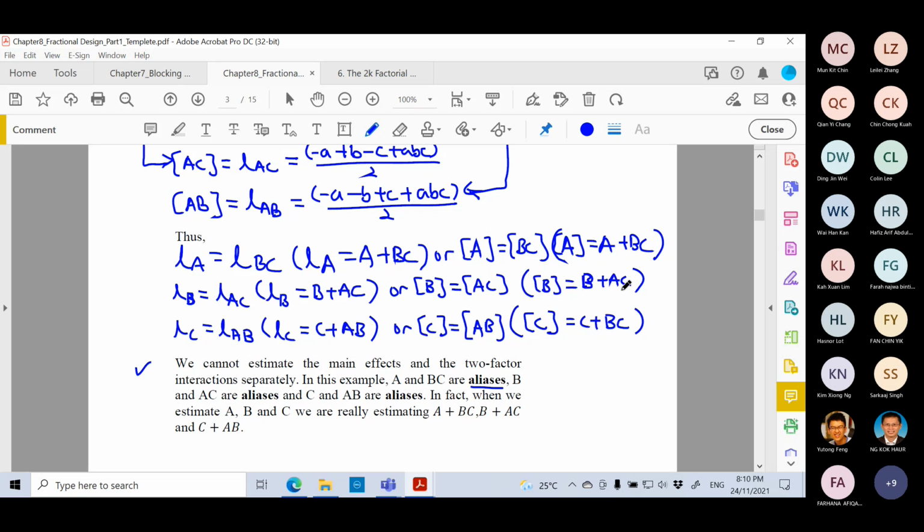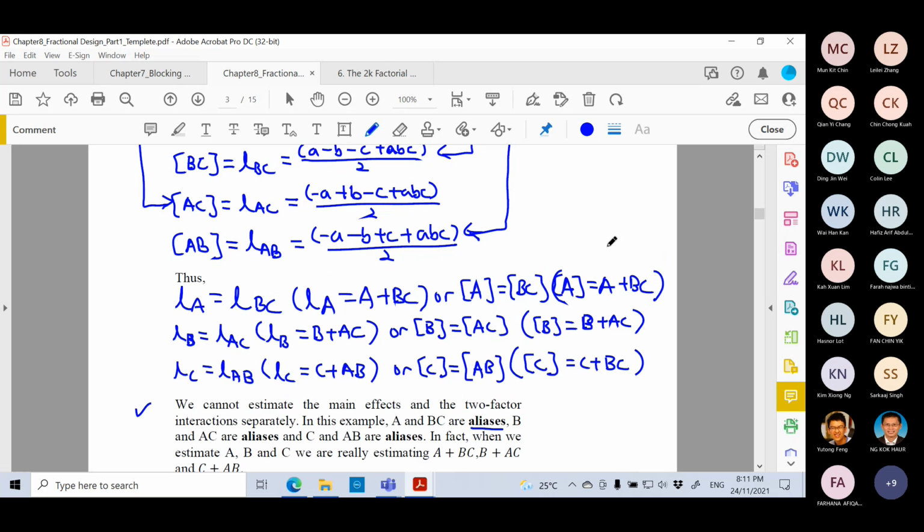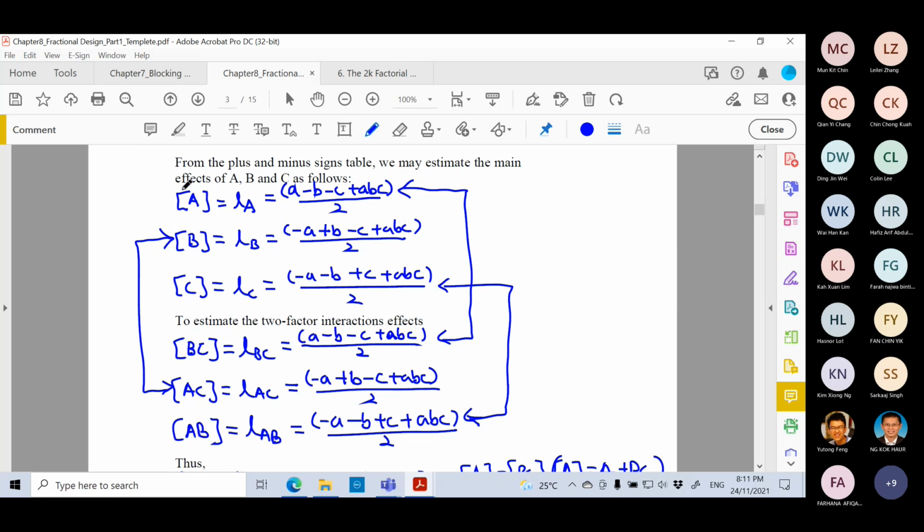Therefore, when you calculate the effect, actually you are not really calculating the effect from A. It's an effect from the A and the BC together. We do not know how much is allocated for the A, how much is allocated for BC, but they are together. So therefore, when you run the 1/2, you are not really calculating the effect of the A using this formula. You just calculate the effect of A aliased with other factors together.